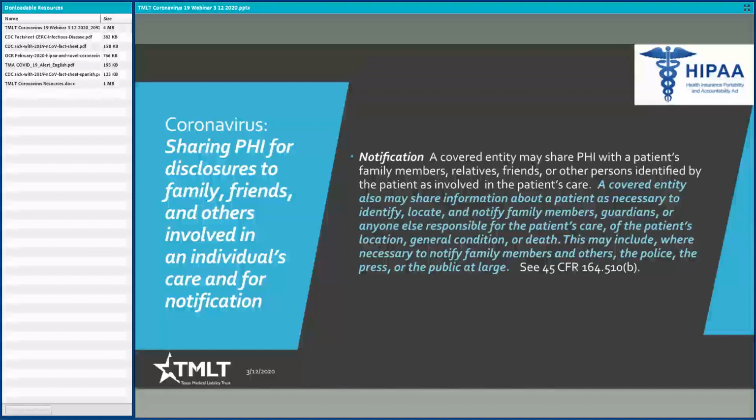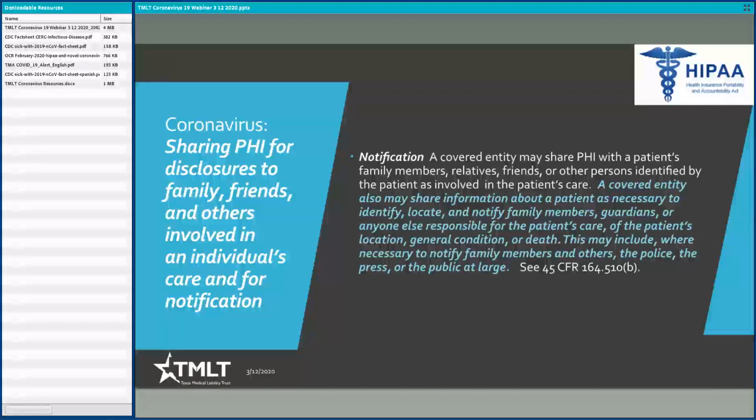So can you share PHI for disclosures to family, friends, and others involved in the care of an individual? When it comes to notification, a covered entity may share information about a patient as necessary to identify, locate, and notify family members, guardians, or anyone else who is responsible for the patient's care, as it concerns their general condition or even death.